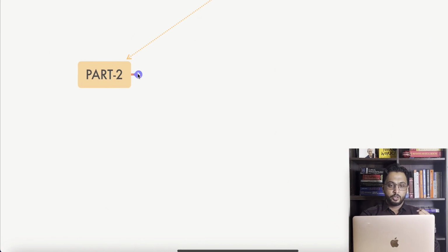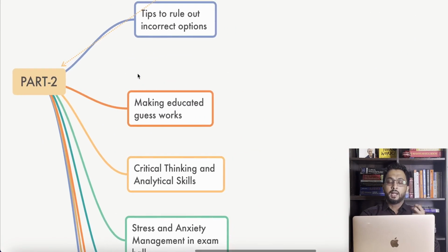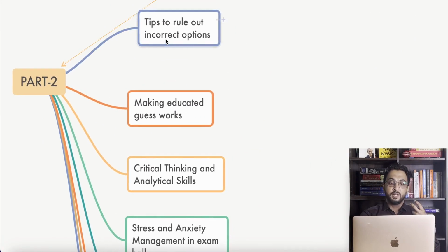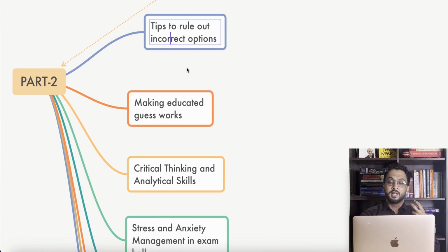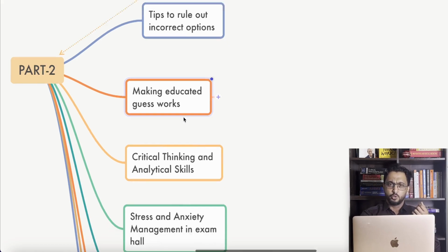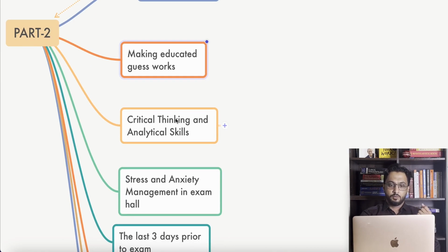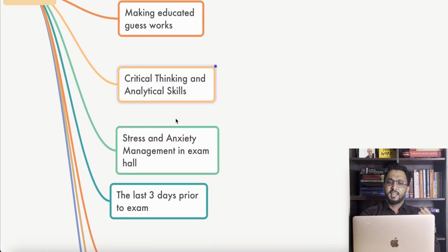Session 2, I'm not going to take it today, but I'm going to discuss a few things here. Tips to rule out incorrect options. Very important. I'm sure you are waiting for that. Making educated guesswork, what's the rule behind that? A few things I've already told you. Critical thinking and analytical skills, which are very important to develop.